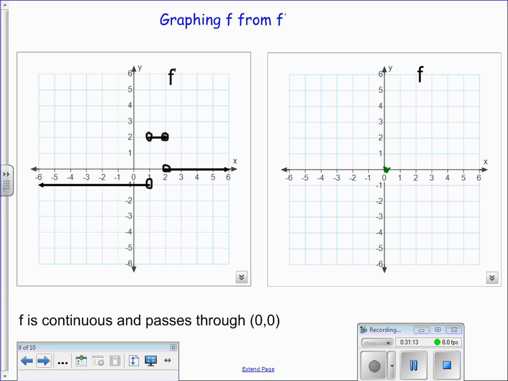F prime equals negative 1. So from 1 to negative 1, what's going on with my original function? It's going down at a slope of negative 1, right? That's what's going on here. So that's that portion of the line.